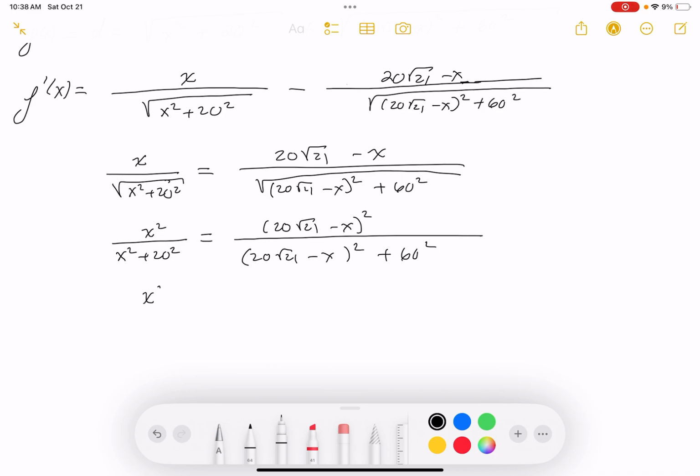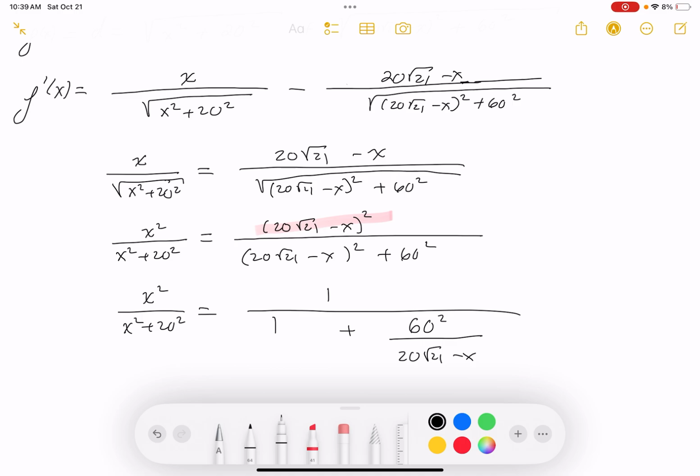So what I want to do is I'm going to say x squared plus 20 squared. And what I'm going to do for this guy over here is divide the top and the bottom by this thing here. And if I do that, I get this. I get 1 plus 60 squared over 20 root 21 minus x squared.